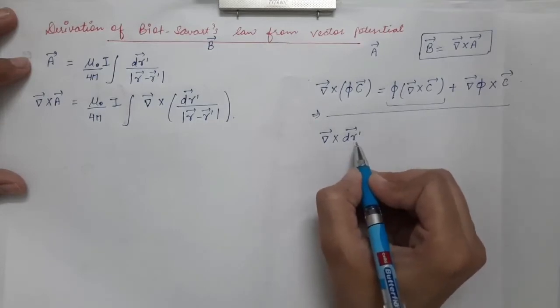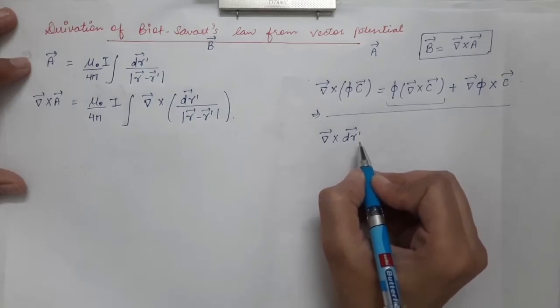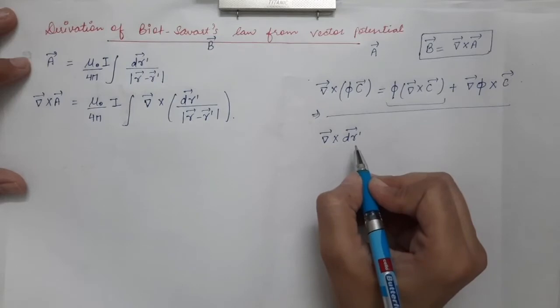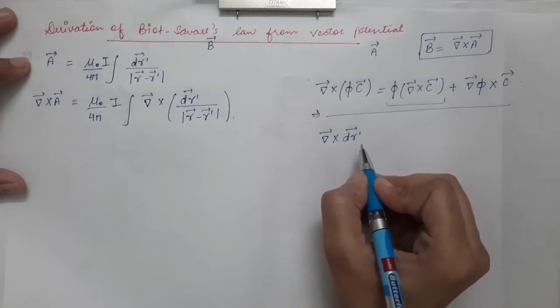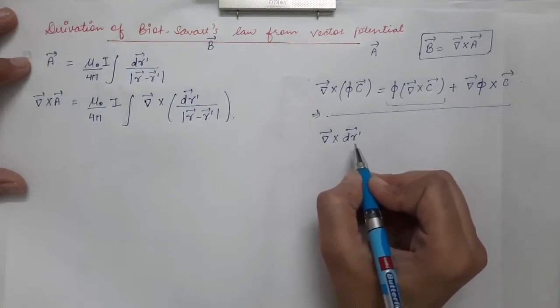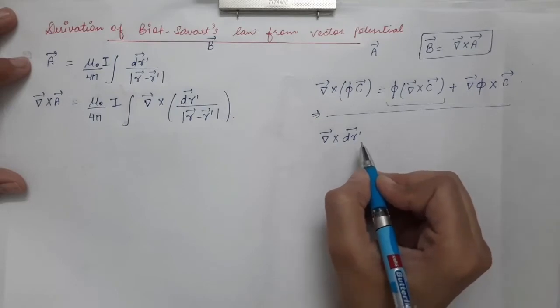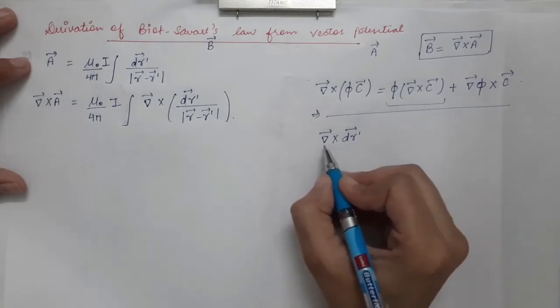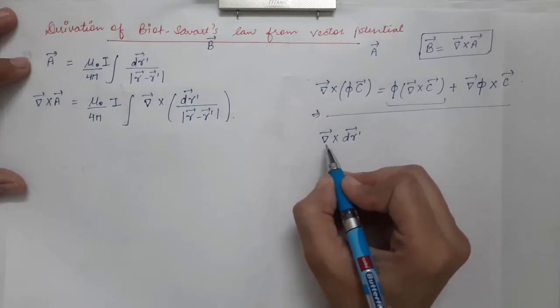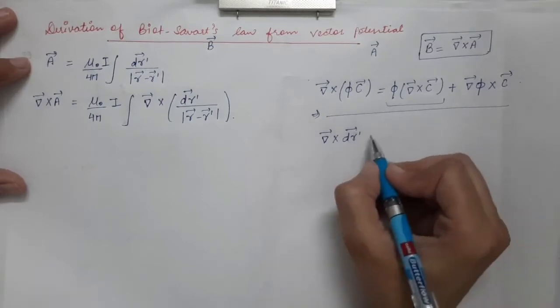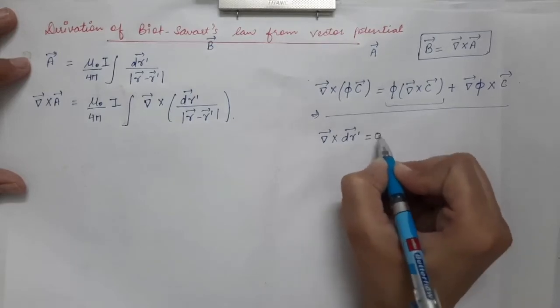This dr prime is the line element taken on the line current distribution, and as we know, every point on the line current distribution depends upon the primed coordinates, and the curl that you are taking is with respect to the unprimed coordinates. So the curl of dr prime vector will be equal to 0.